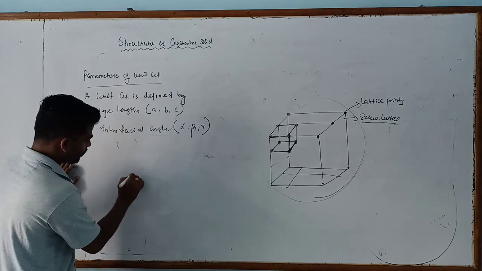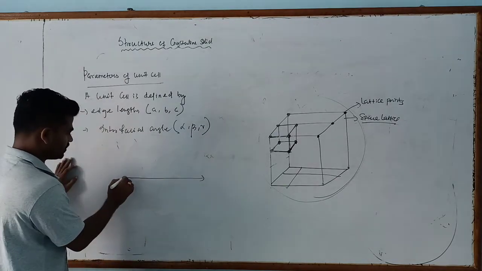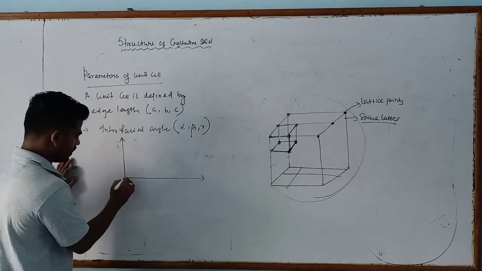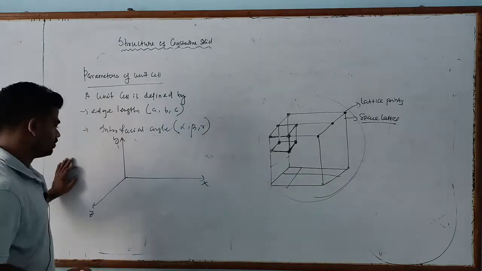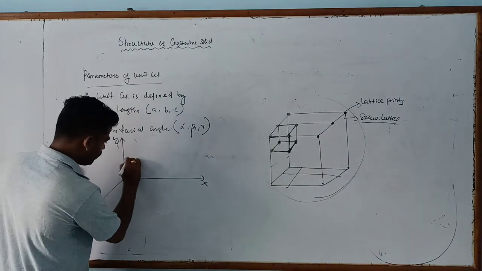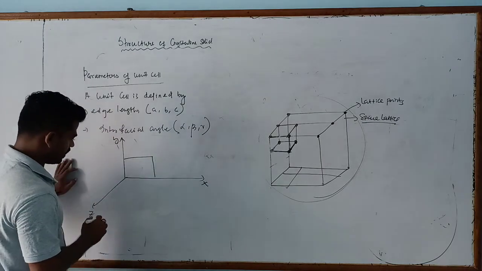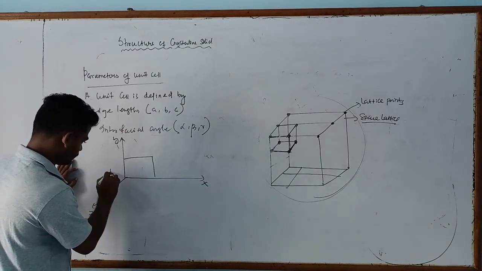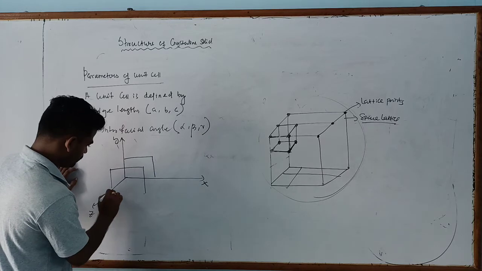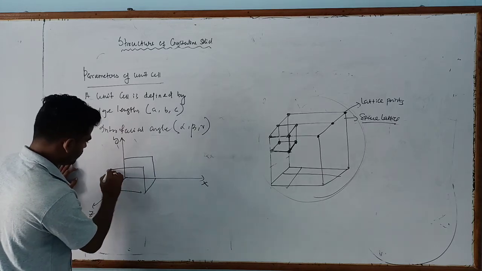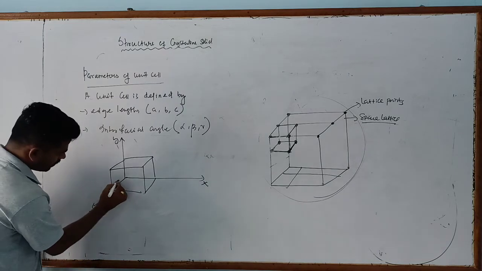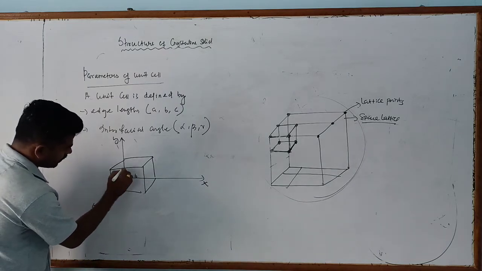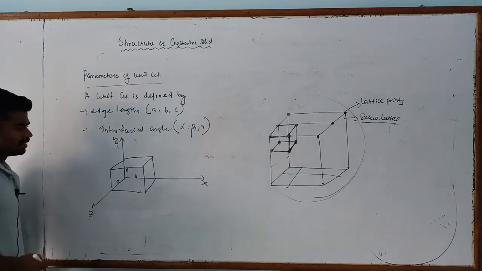Suppose you see, this one is your x axis, this one is y axis, and this one is z axis. x, y, z. Okay, so if I draw a cubical unit cell like this, here, see, this one is a, b and c along 3 coordinate axes.